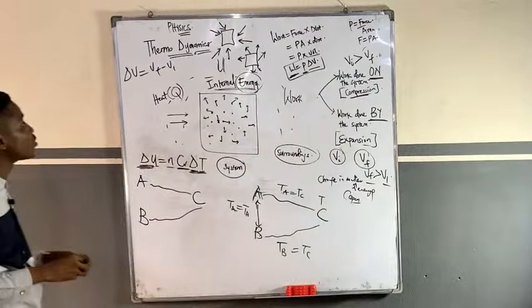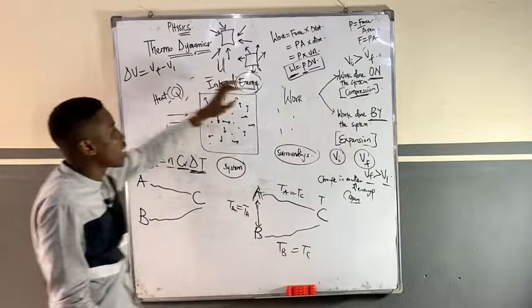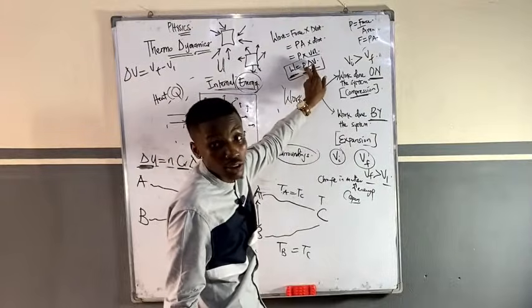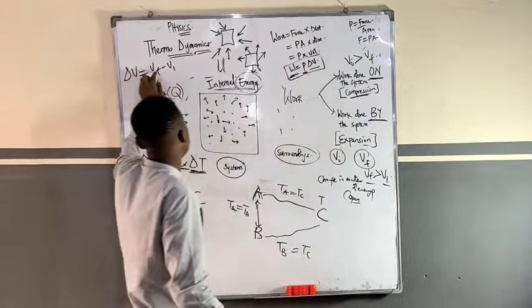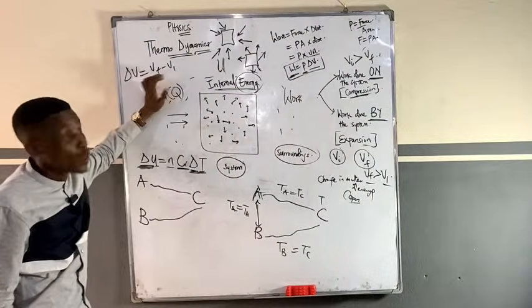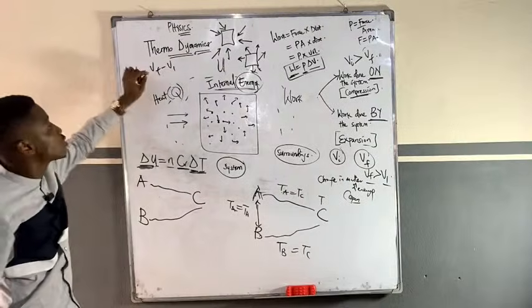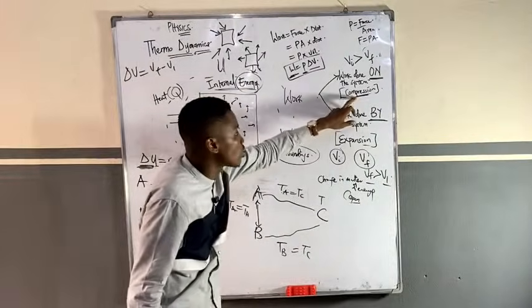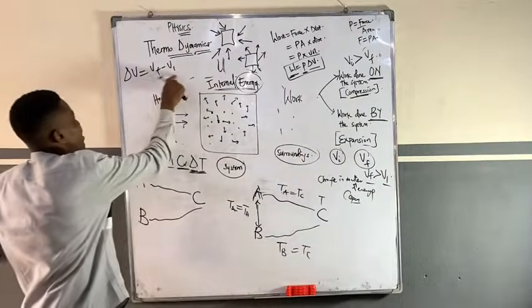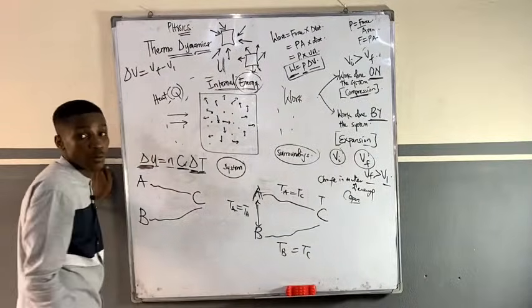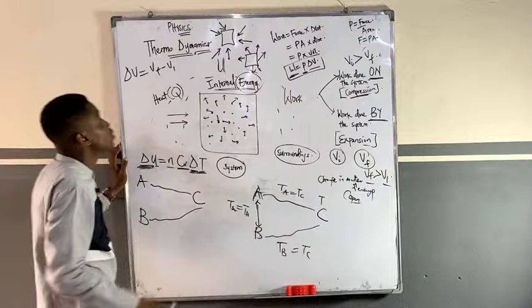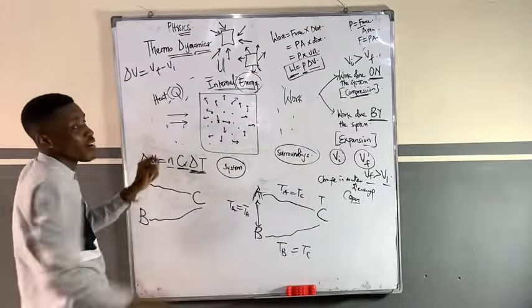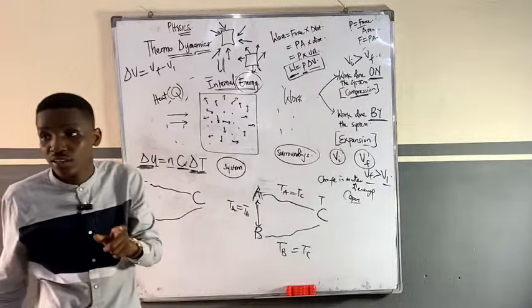Initial. Please take note. Change in volume. Come back to this formula. Work done is pressure times what? Change in volume, which is final minus what? Final minus initial. So if I'm looking at compression, between final and initial, who is bigger in compression? Initial, right? So if I do final minus initial, will I be having a positive answer or a negative answer?